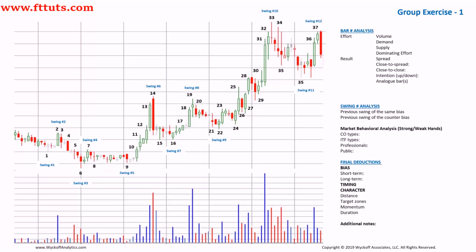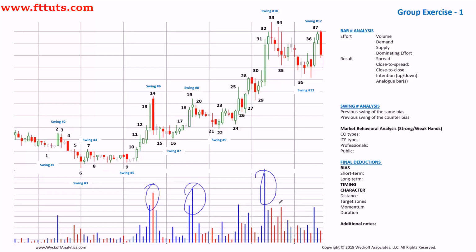Would CO also be selling at each of the points of excitement, or is it only institutional strong hands? Yeah, CO definitely has an agenda to unload their positions at the most opportunistic times. And the most opportunistic times are going to be the times where liquidity is the highest.